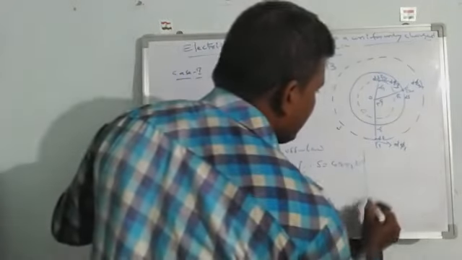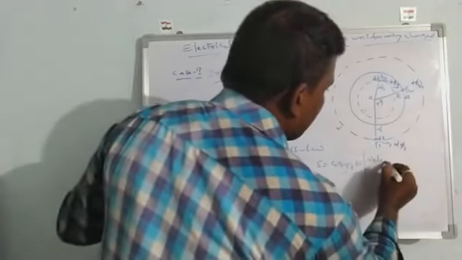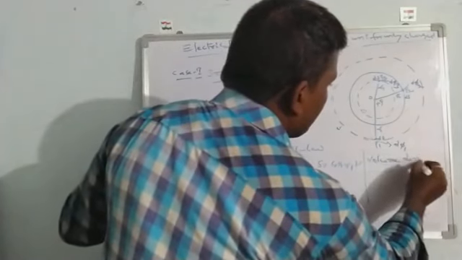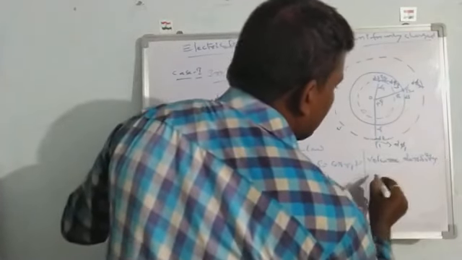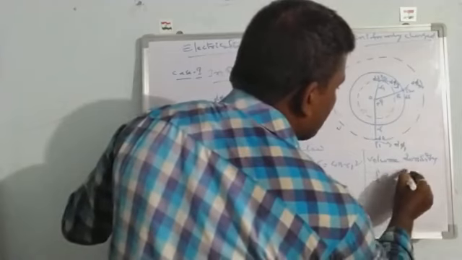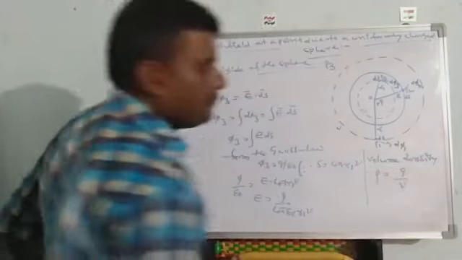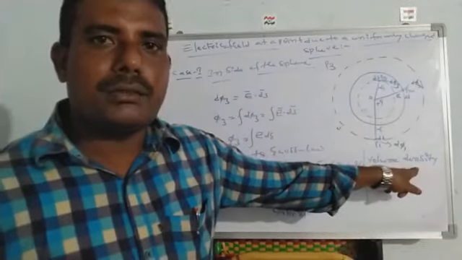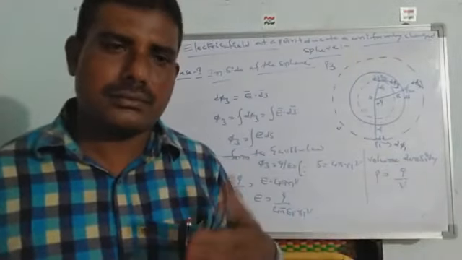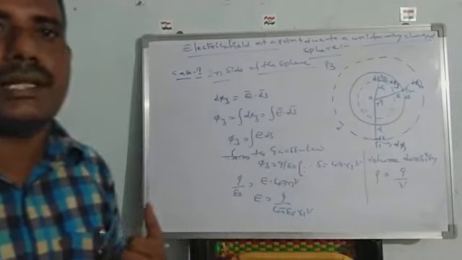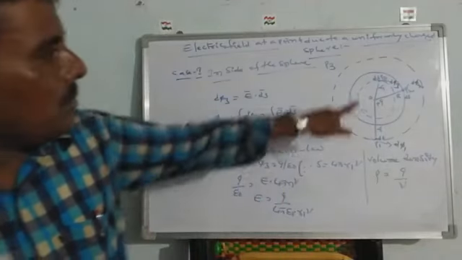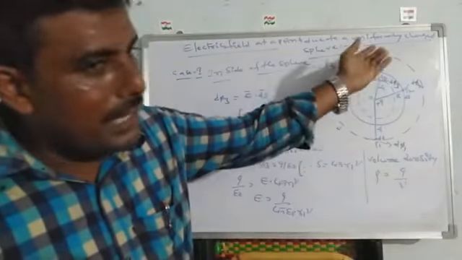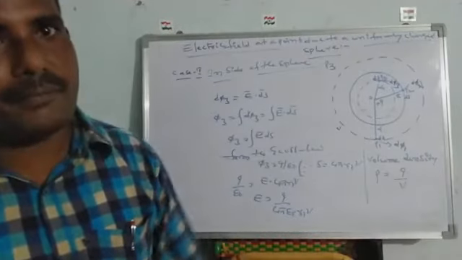Volume density rho equals Q by V. Why will we take the volume density? Because the point is located inside of the sphere.